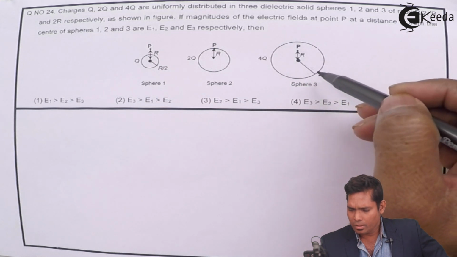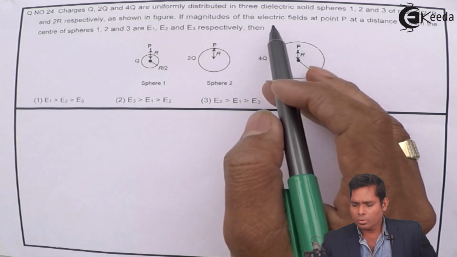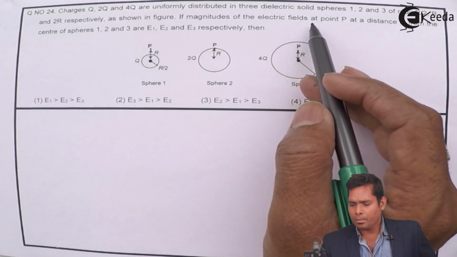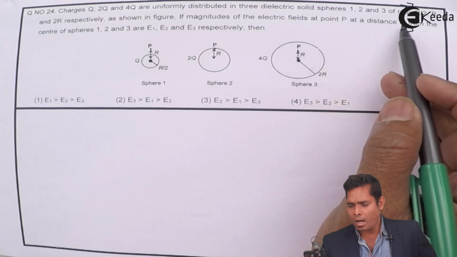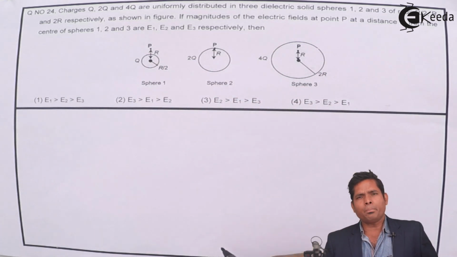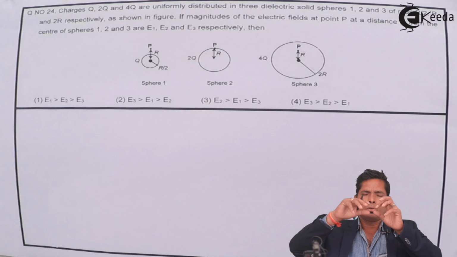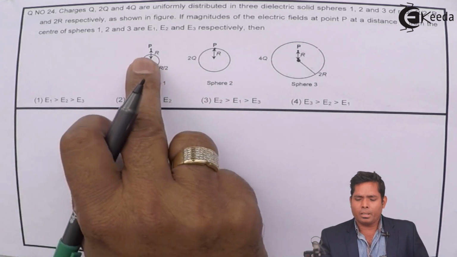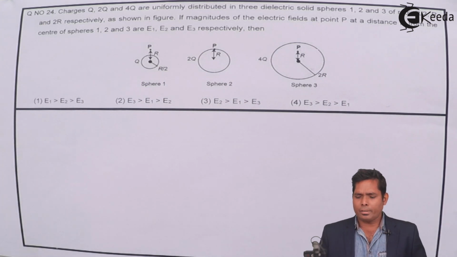2r. Now the magnitudes of the electric fields at the point P, at a distance r from the centers of the spheres. For the first, smaller sphere of radius r by 2, this point is an outside point.